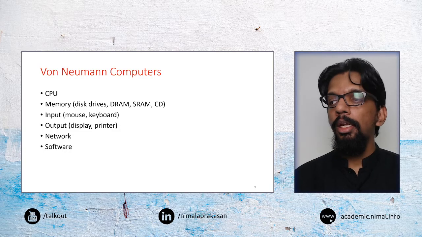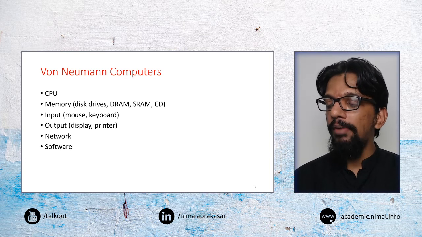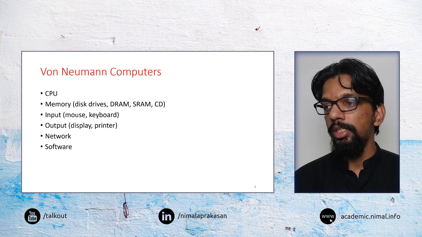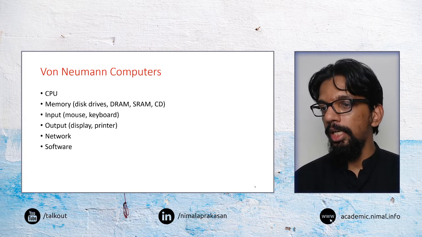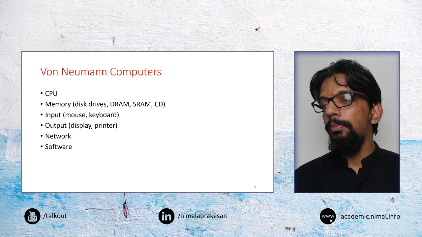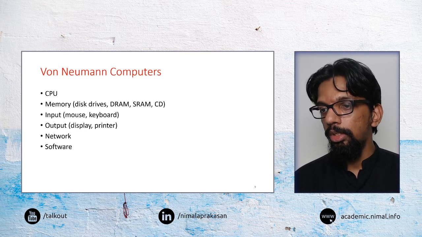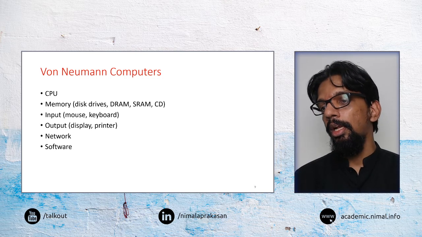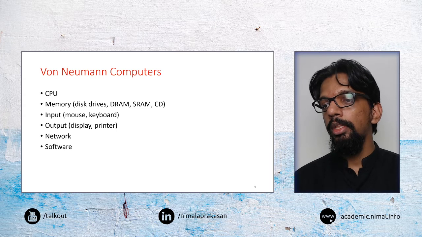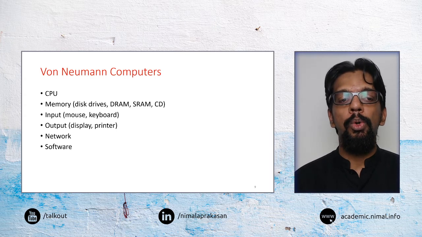The main aspect of von Neumann computers is they have a CPU, or central processing unit, or the processor. They will have some form of memory. It could be temporary memory and also some additional memory that could be long term memory. There would be some form of input devices like a keyboard or a mouse. There could be output devices like displays and printers and so on.